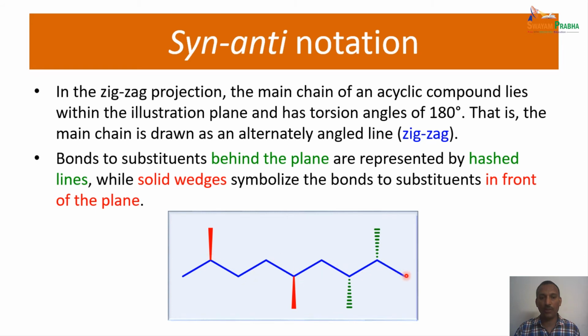This is the main carbon chain, and the bonds behind the plane, as shown here, are represented by hashed lines, and the solid wedges represent groups pointing towards the observer, in front of the plane.